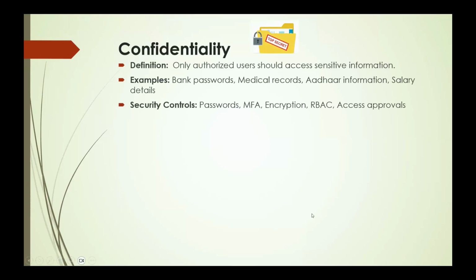To protect confidentiality, organizations use controls like passwords, multi factor authentication, encryption, role based access controls, approval workflows, and many others. If you consider a real time example, imagine someone is reading your WhatsApp chat without your permission. This is a confidentiality violation.